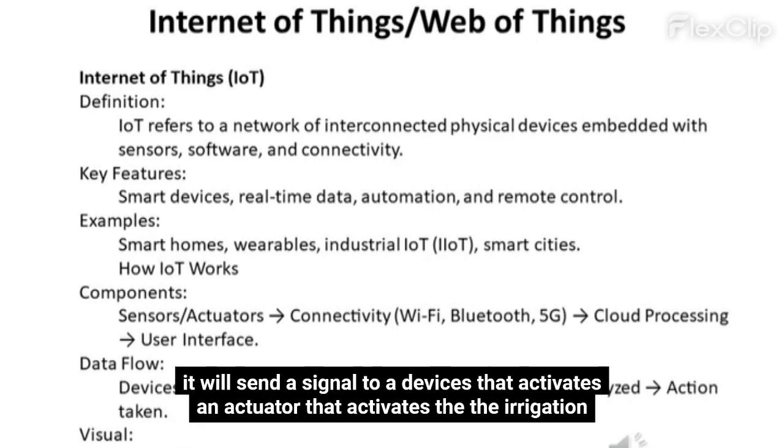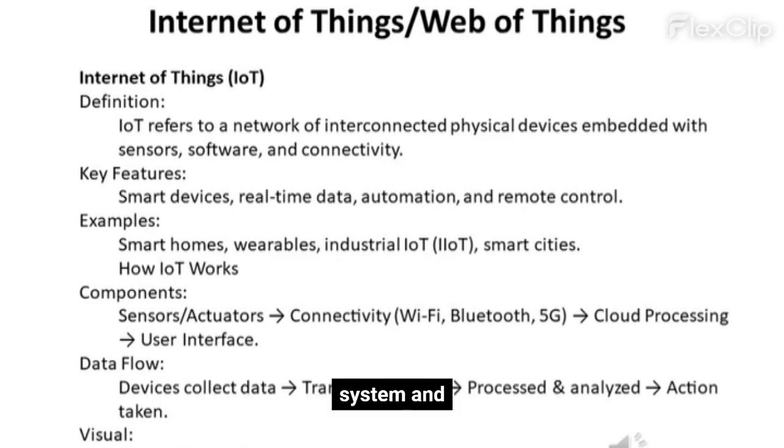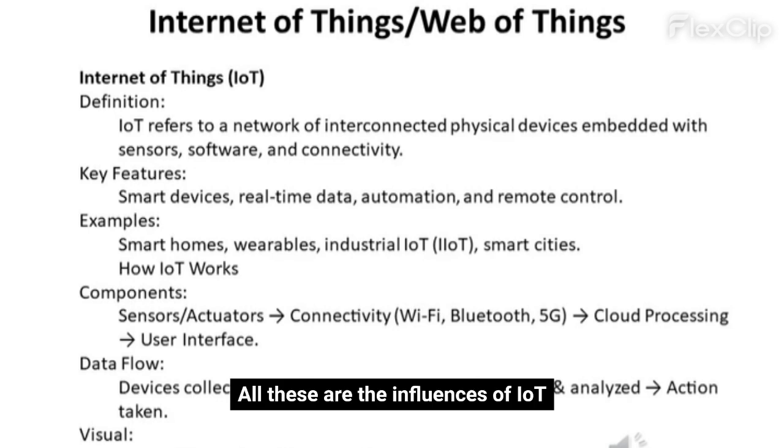If the soil is dry, it will send a signal to a device that activates an actuator, which activates the irrigation system to water the soil. All these are the influences of IoT.